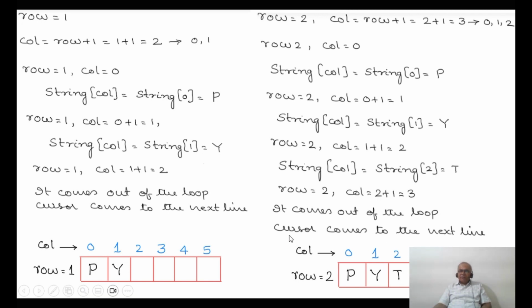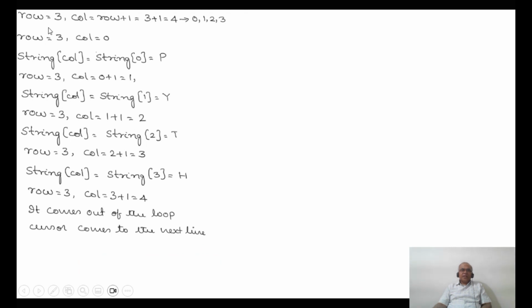Then since you have the print function, it goes to the next line, that is row 3 now. You come to row 3, column will be equal to row plus 1, so 3 plus 1 becomes 4, that is 0, 1, 2, 3.